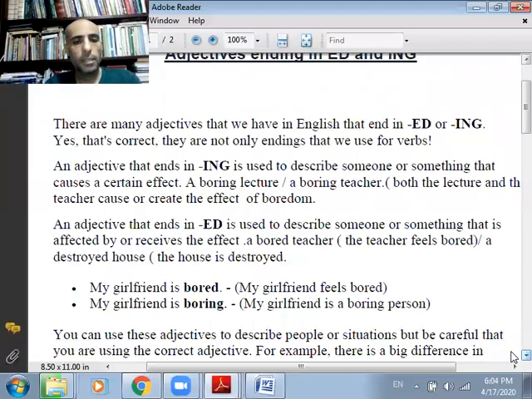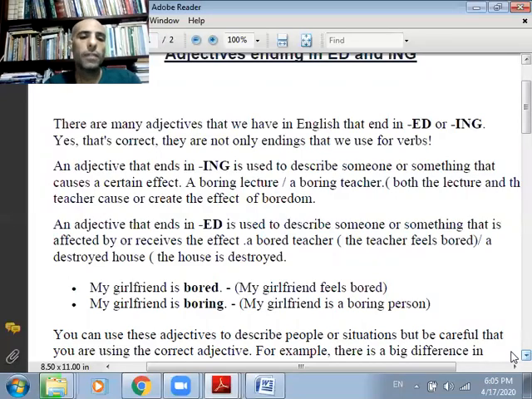They are not only endings that we use for verbs, because we know that we use the ing ending as the inflection of the present continuous, like I am speaking, or we use the ed as an inflection of verbs, like visited. So ed and ing are not just suffixes that we use to mark verbs in different tenses, but actually they can be used as adjectives.